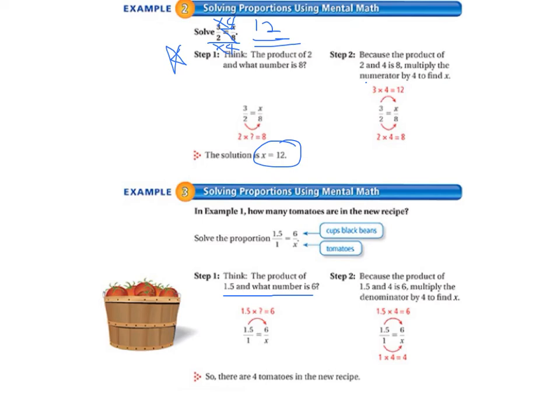With a little thought, you can think that 1.5 times 4 is 6. So if you multiply the top by 4 to get to 6, then you have to multiply the bottom times 4. So 1 times 4 equals 4. So there are 4 tomatoes in the new recipe. So X equals 4.